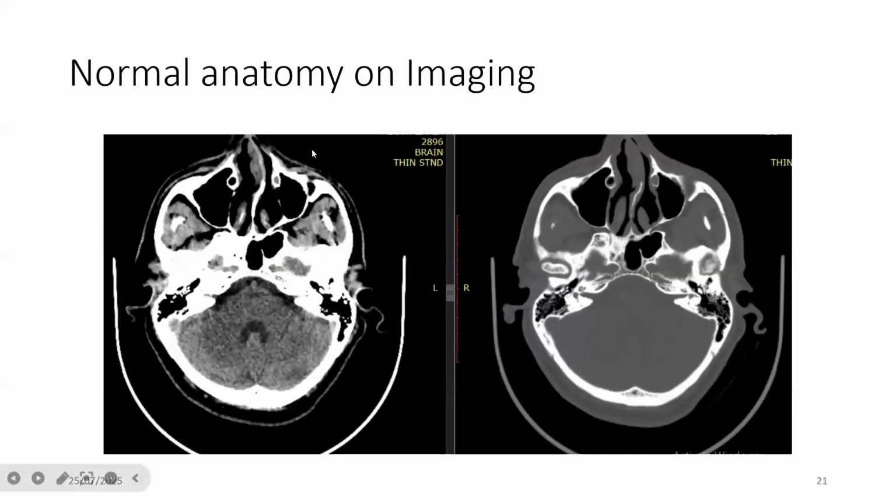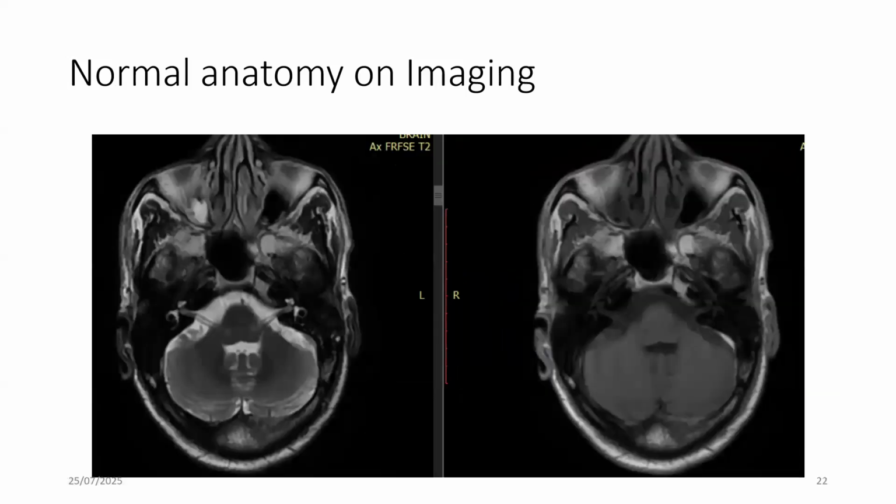This image is showing the normal anatomy of the cerebellopontine angle. As we can see here, this space is the cerebellopontine cistern, and we can see the internal acoustic meatus here on the bone window of this brain CT scan, the axial scan. And then on the MRI, one can also see the cerebellopontine cistern here.